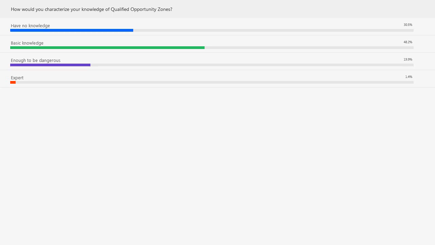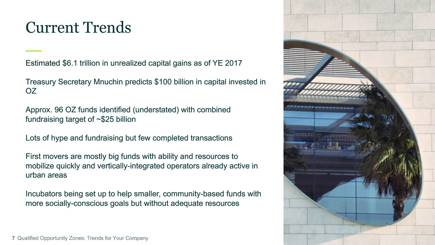First slide, some current trends. So just to put some brackets around the size of this potential market of opportunity zones, according to the government numbers, there's about $6.1 trillion in unrealized capital gains as of year-end 2017. As you may know, the opportunity zone legislation is really geared towards spurring investment in lower income areas in need by directing capital gains to those areas and the tax advantages that result.